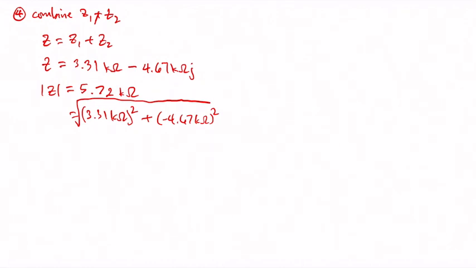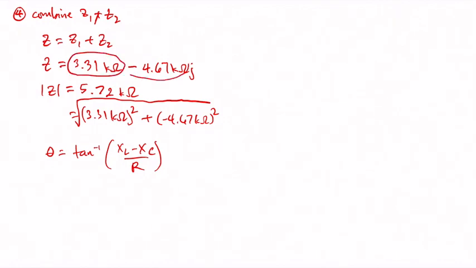Okay, and for the phase angle, now remember that the phase angle is equal to tangent inverse of XL minus XC divided by R. Okay, this is our R and this is our XC. So that will give us a value of negative 54.7 degrees.